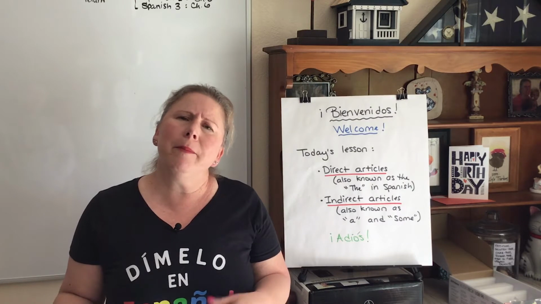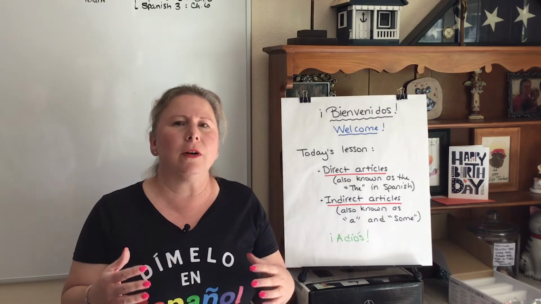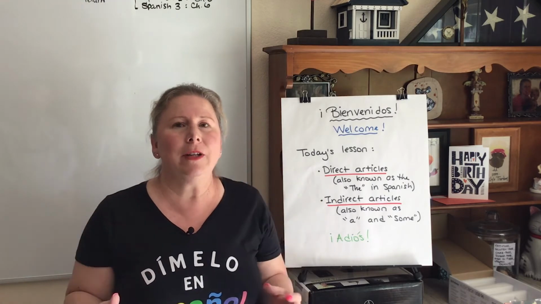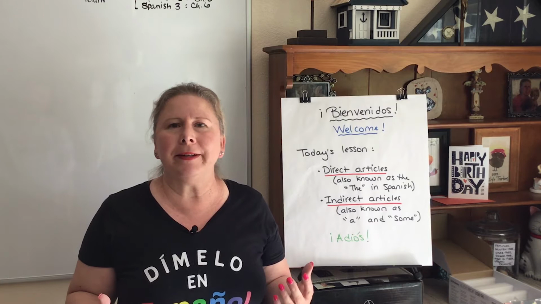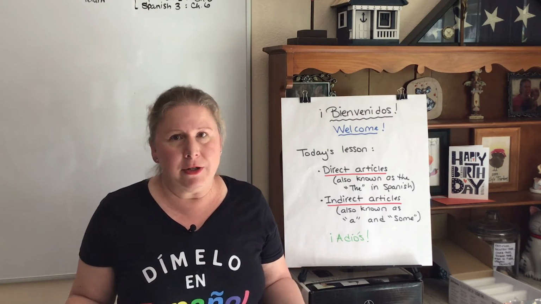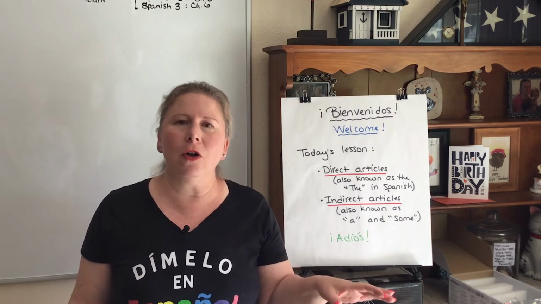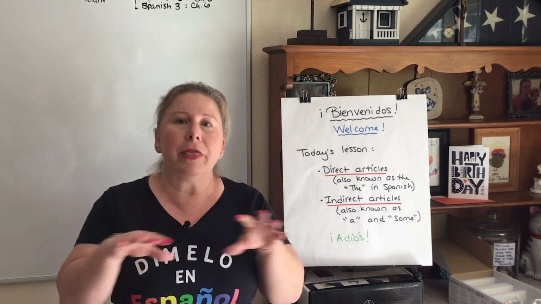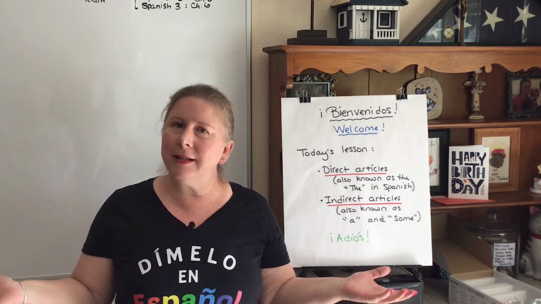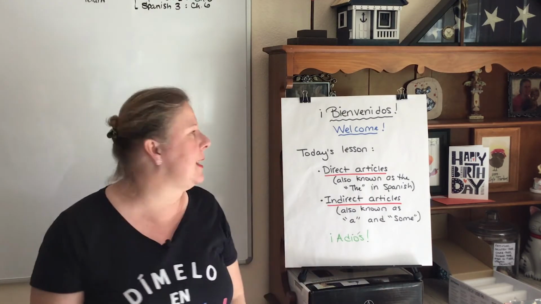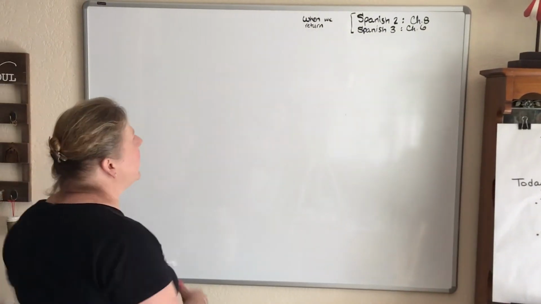Spanish words are masculine or feminine, kind of a difficult concept for us to get our head wrapped around here in the US, right? We don't think of it as one way or another, but in Spanish they do. So it's important for us to make sure that our article is in alignment with our noun so that we can write our sentences properly. All right, so let's take a look. We're going to start with direct articles.